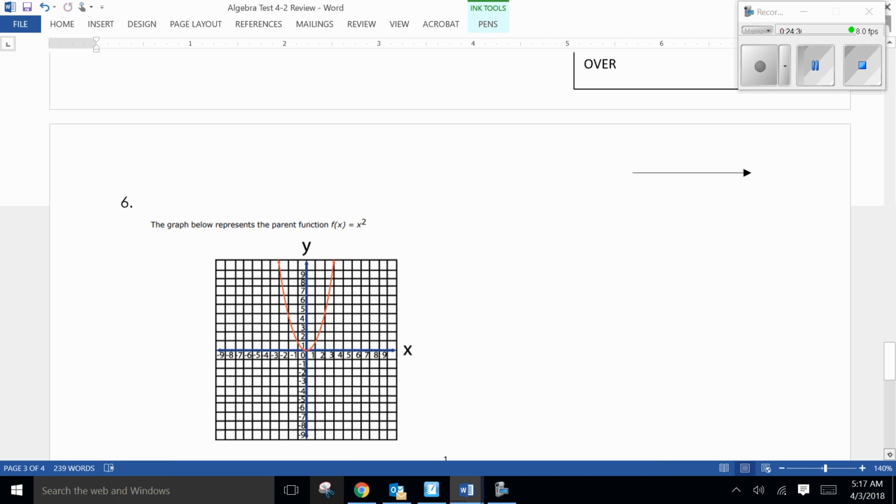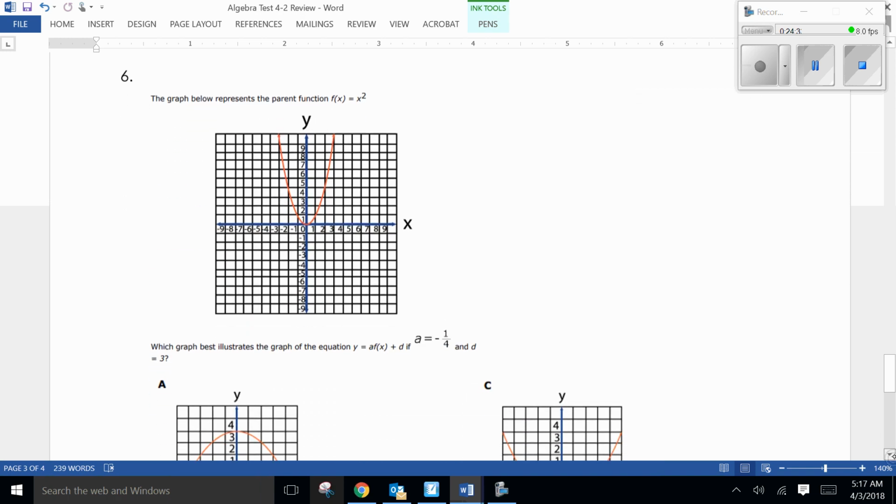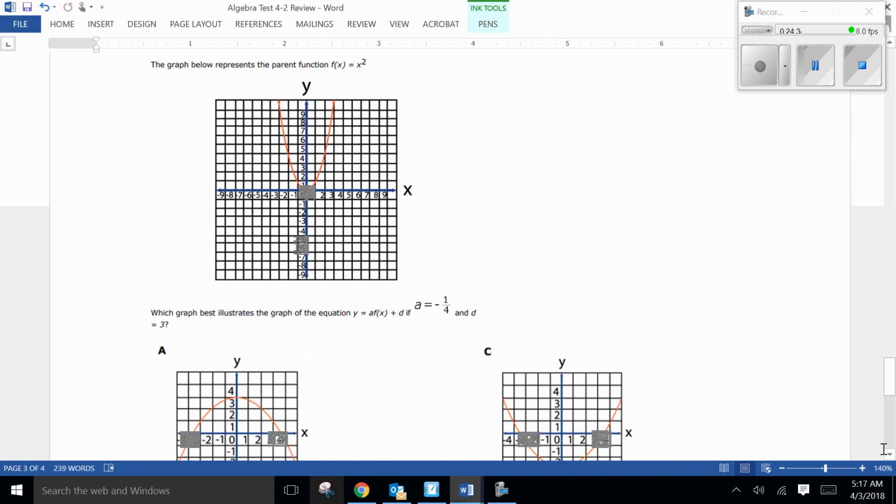Okay, number 6, the graph below represents the parent function f of x equals x squared. Which graph best illustrates the graph of the equation y equals a f of x plus d if a is negative 1/4? So I'm going to rewrite this, y equals negative 1/4.